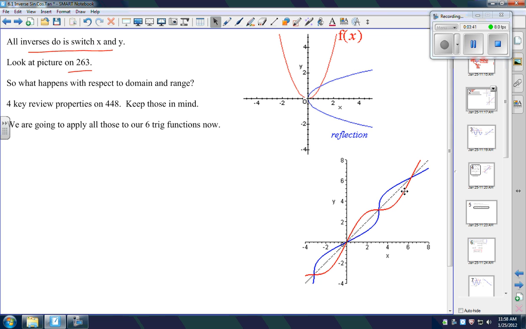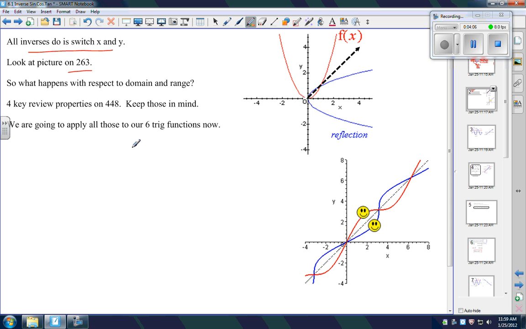I have no idea what the equation is for it. Let's call the red the original. So then the blue here is the reflection. And the idea is inverses are always reflected over the line y equals x. Okay, they're perfectly symmetric to that line. So if you take this point here, it's symmetric to this guy down there.